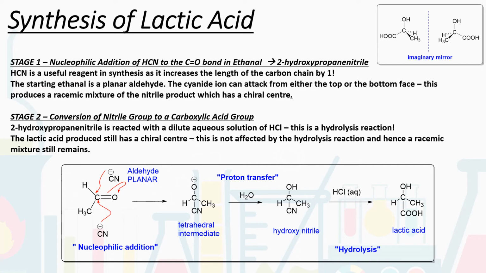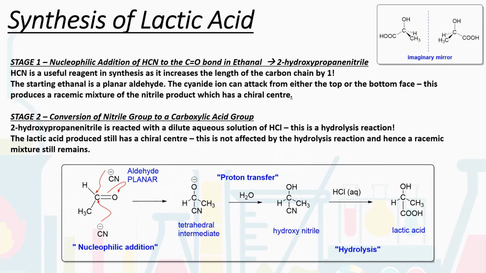We've seen this before in some of the other carbonyl videos, that using a cyanide anion is very useful because it increases the carbon chain by 1. Now, really, we wouldn't actually use HCN because HCN is a gas and it's very, very toxic, so it's difficult to deal with. We'd probably end up using a solution of sodium cyanide, for example, or potassium cyanide.